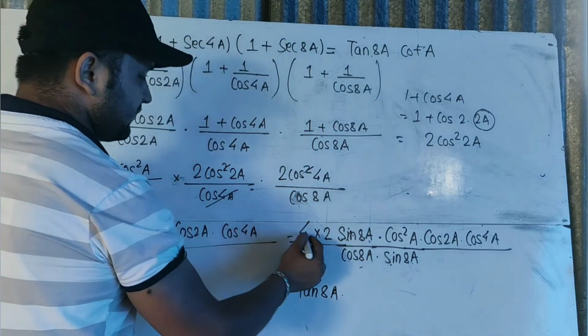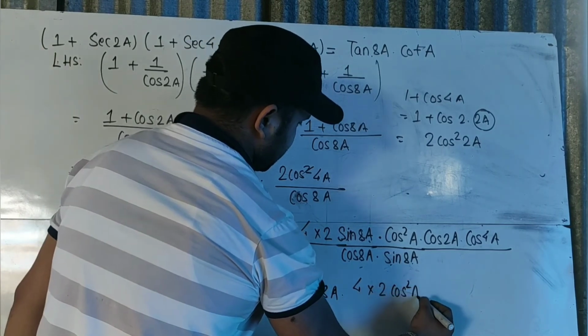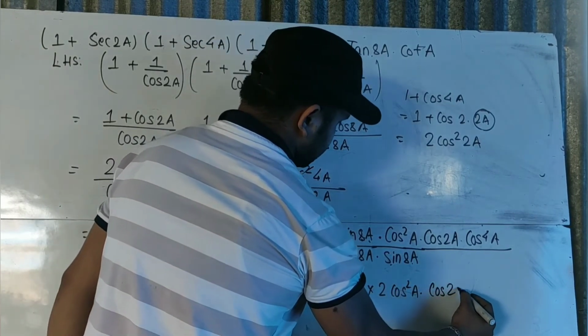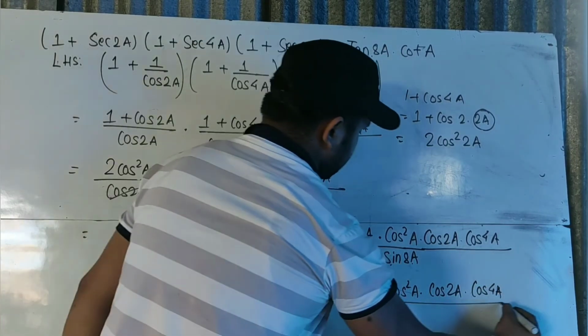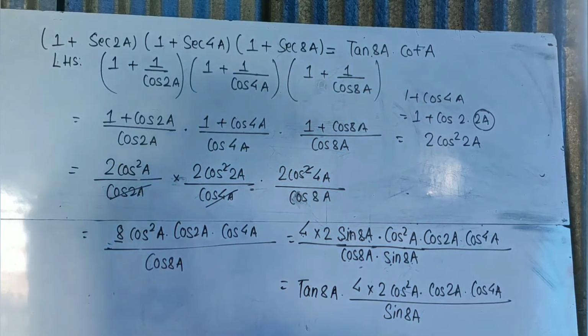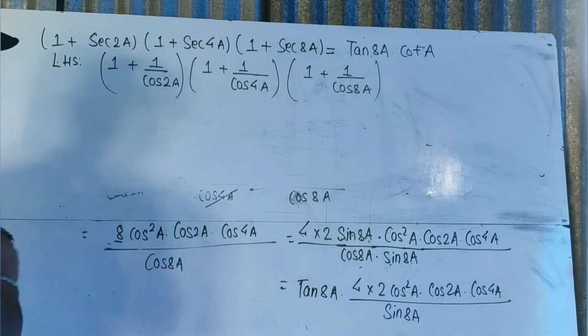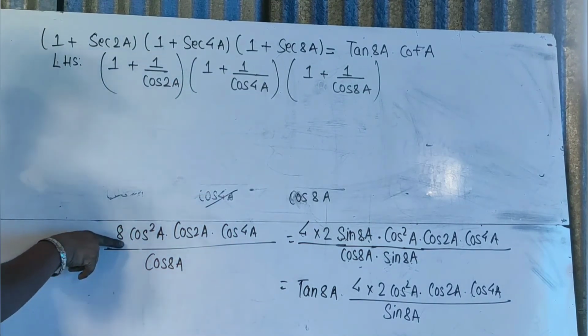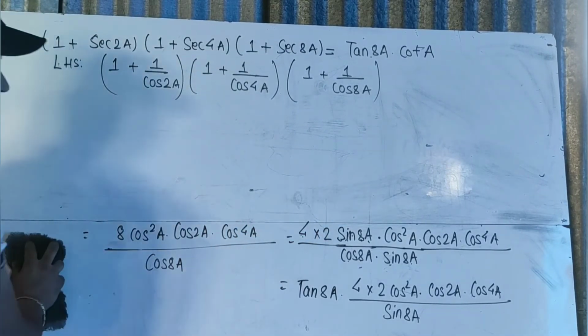Now what is left here is 4 into 2 cos square a dot cos 2a dot cos 4a divided by sin 8a. Now we are here. Now let us come to the top again. You can also solve the problem without breaking down this 8 into 4 into 2. You can simply leave 8 as 8 and you can also do the problem.